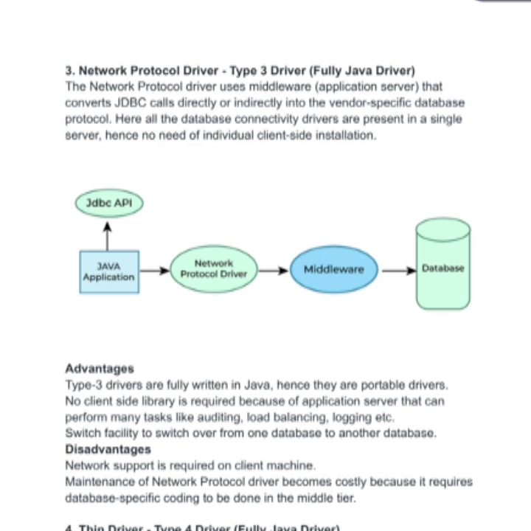Here all the database connectivity drivers are present in a single server, hence no need of individual client-side installation. Let's understand the diagram. Our application goes through the network protocol driver, which is used as middleware, and next it connects to the databases.